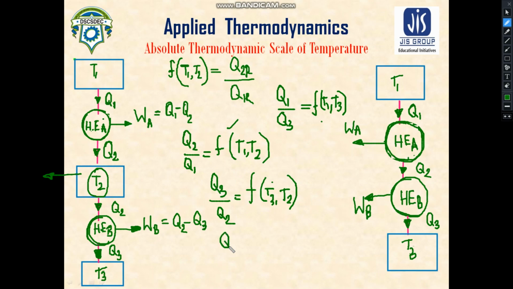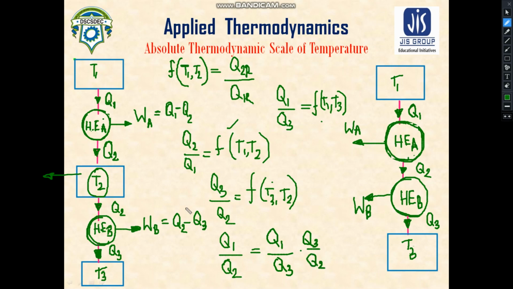So we can write Q1 by Q2 as Q1 by Q3 into Q3 by Q2, right?